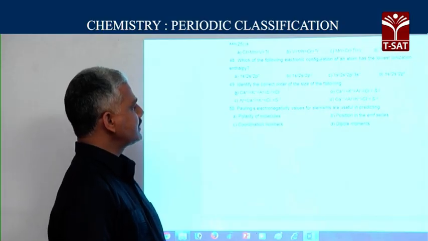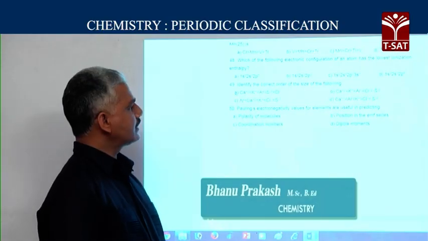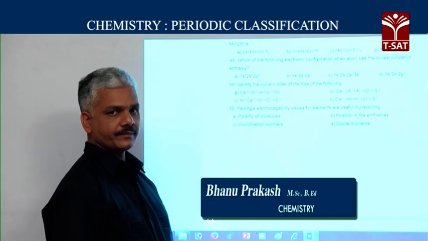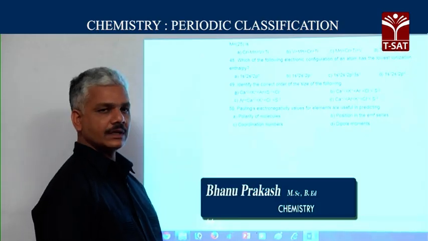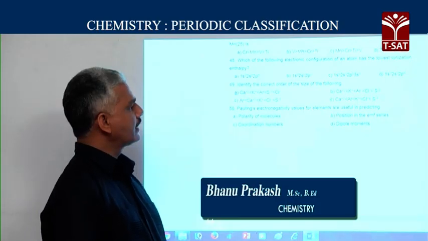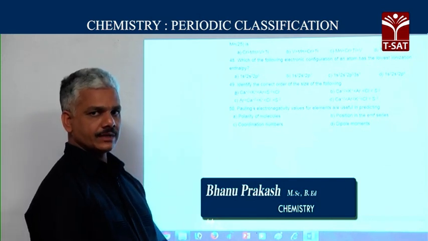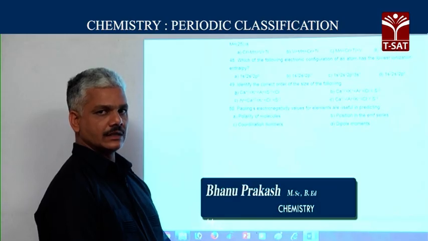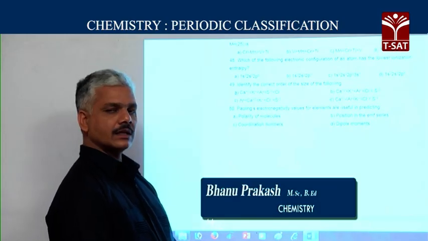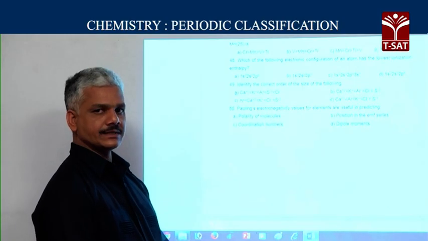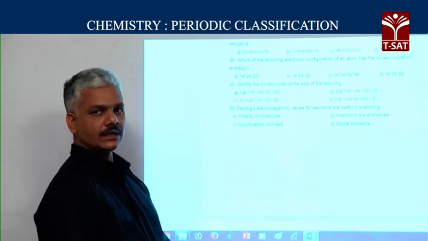This question is based on the concept of ionic radii and comparison of ionic radii with atomic radii. The general statement is, with increase in the magnitude of positive charge, size of the cation decreases, and the size of a cation is always smaller than that of the neutral atom as well as the anionic radius.